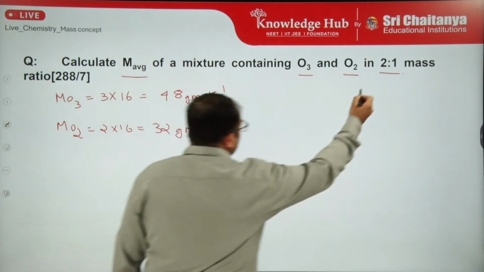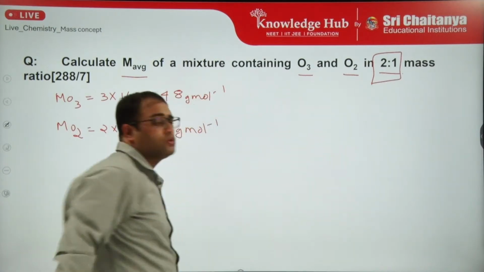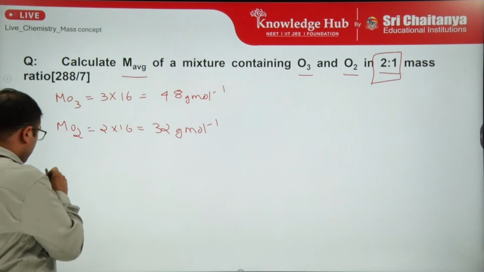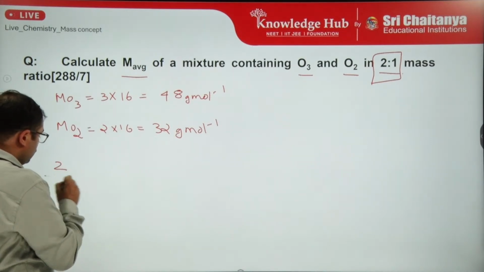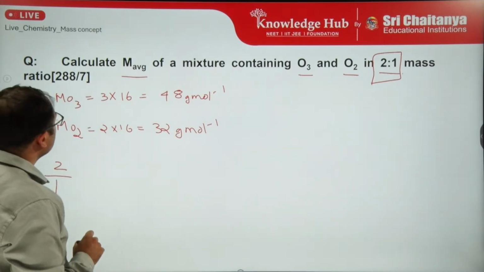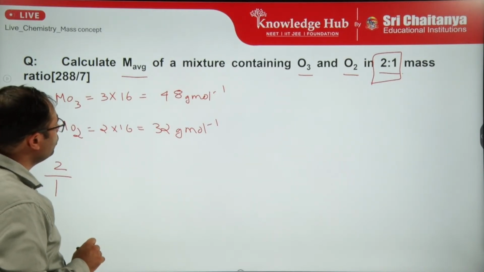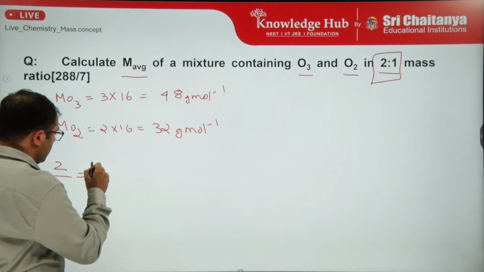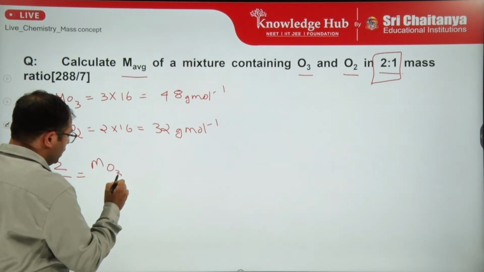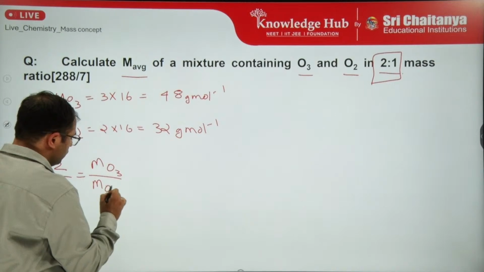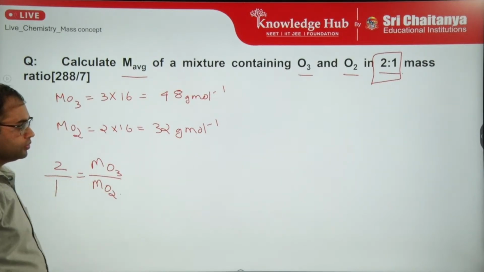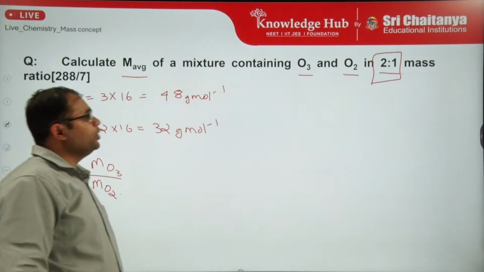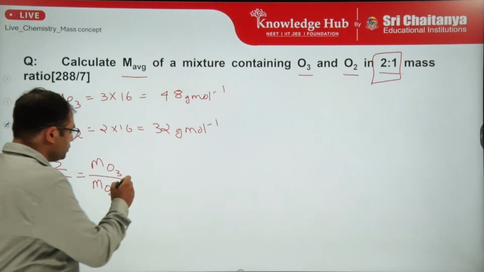Now this ratio is what? This is a mass ratio. What does that mean? 2:1 is the mass ratio of O3 to O2, the mass of O3 to the mass of O2. Correct? O3 and O2 in 2:1 mass ratio.